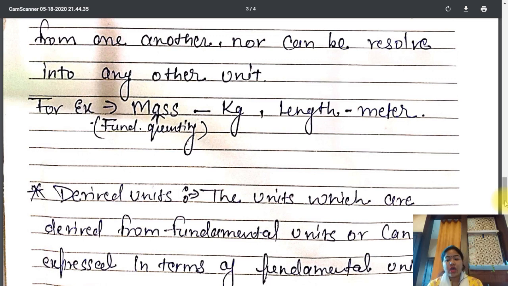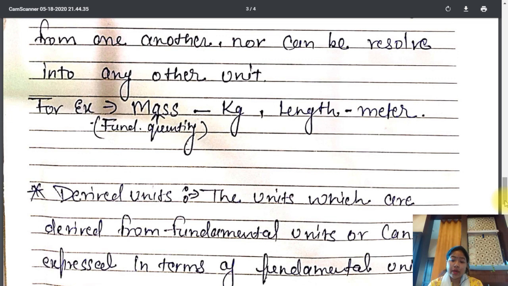If any one value is absent, then we cannot calculate the speed of the object. That means the speed of the object completely depends on two quantities, that is distance and time.